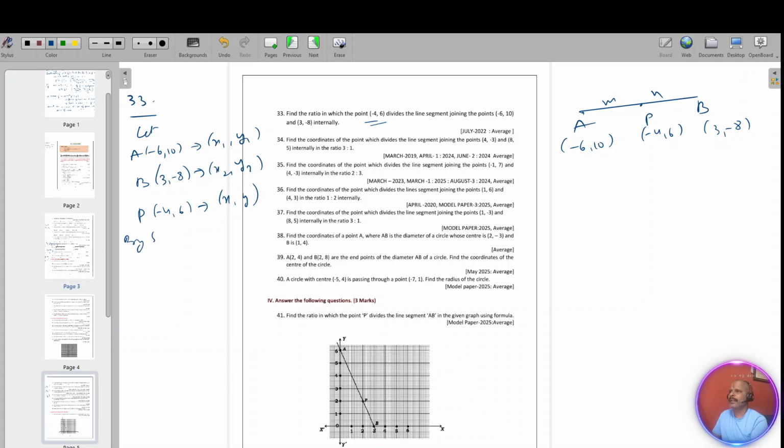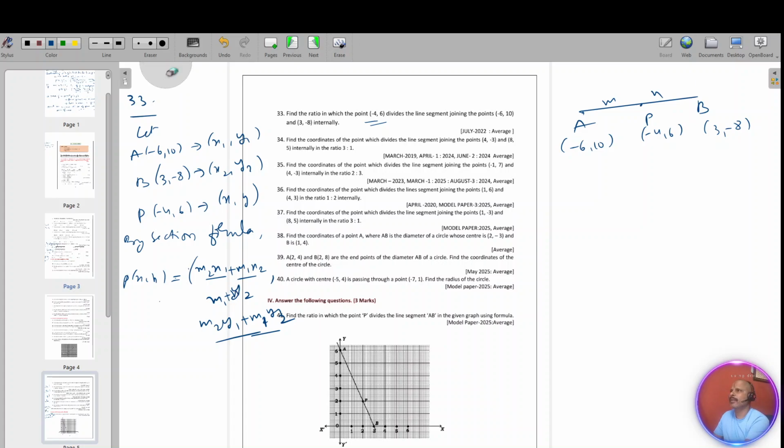So by the section formula, P of x comma y is equal to (m2 x1 plus m1 x2) by (m1 plus m2), comma (m2 y1 plus m1 y2) by (m1 plus m2). You have to write the formula properly. Once you write the formula properly, then substitute.